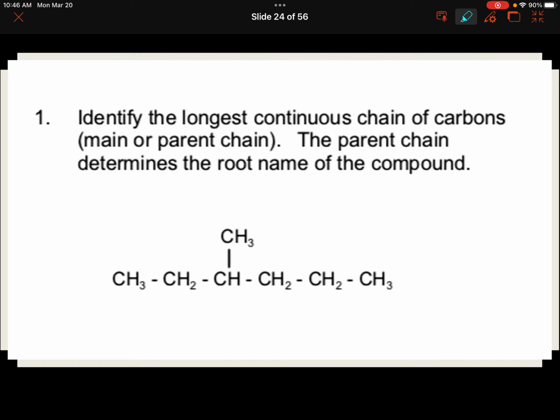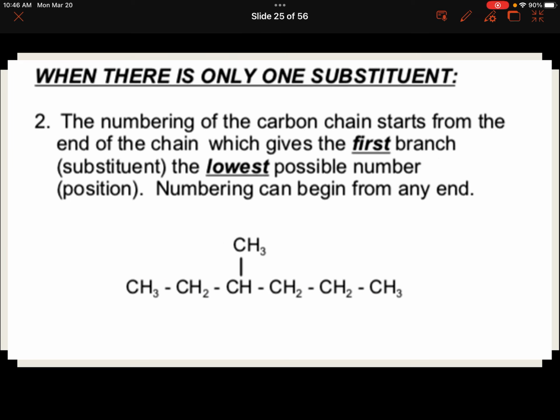So the best situation here is to take a highlighter and highlight the longest continuous chain. Remember, it has to be longest continuous, and in this situation here, it is this bottom chain that is the longest and continuous. And it's really important to take that highlighter and do so.